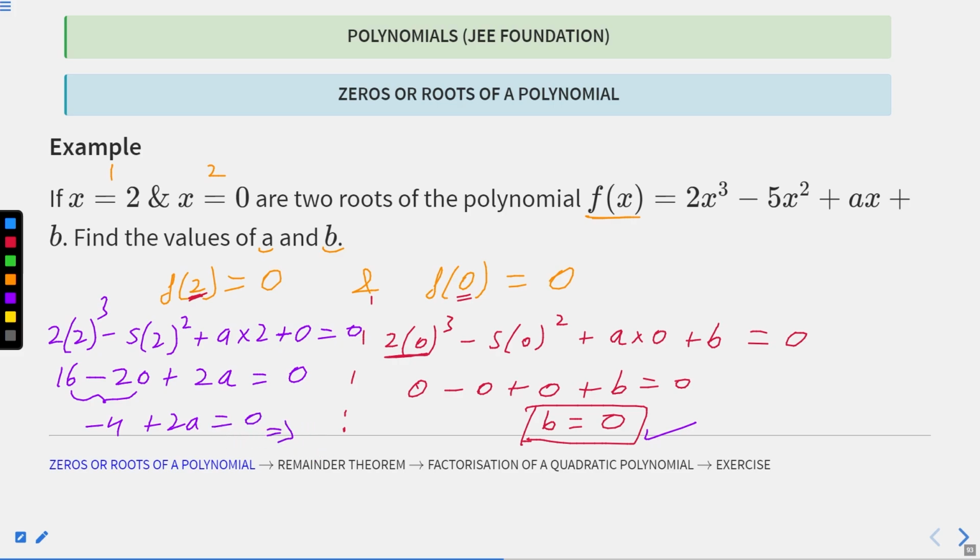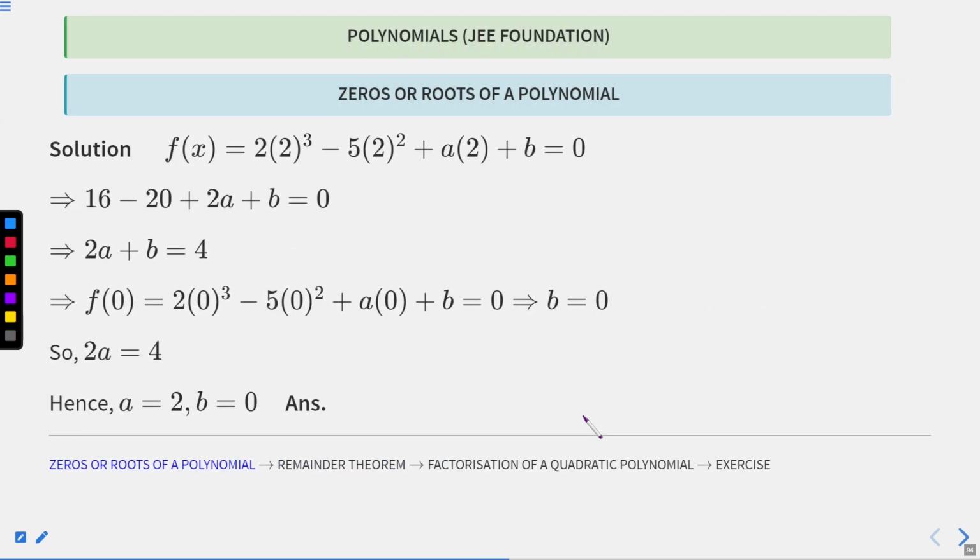From this I can say that the a value is just 2. So the a value is 2 and the b value is 0. I hope this is clear to you. Okay, so let's move further, and yes, indeed our values for a and b are as follows. Okay, so let's move next.